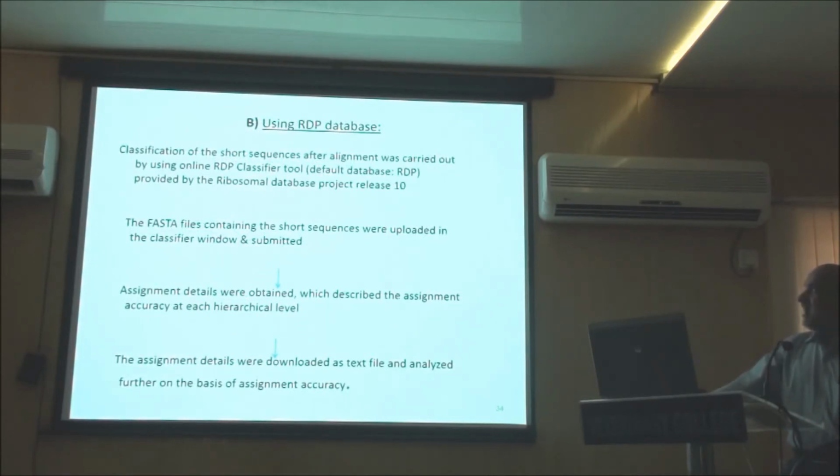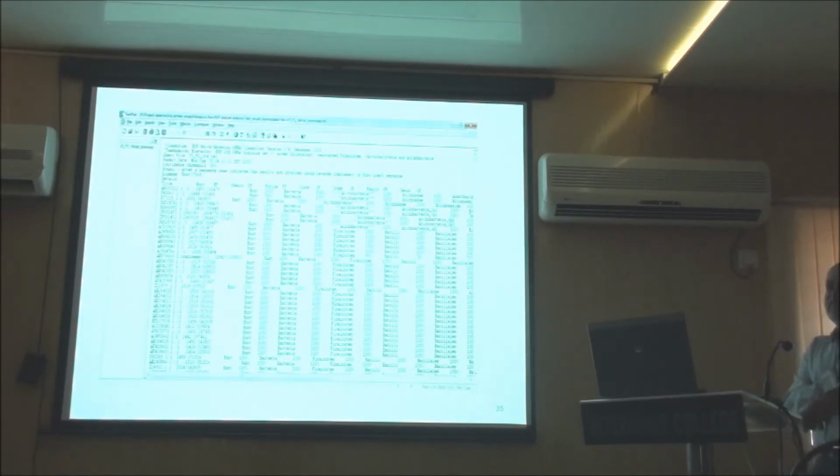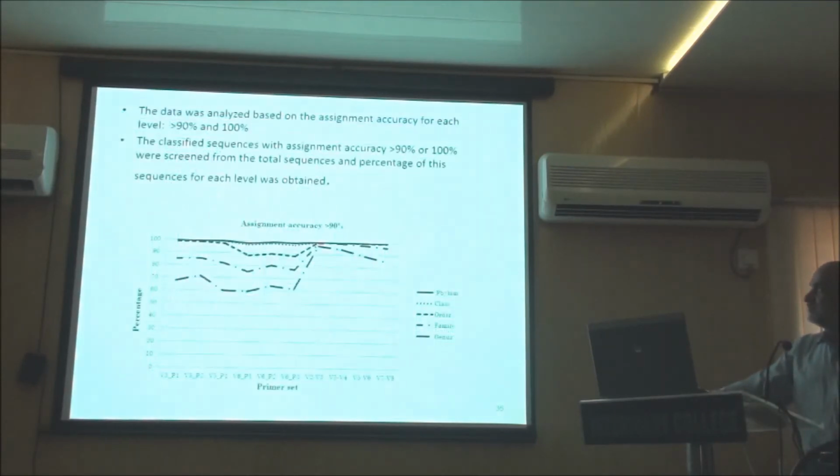Then again in RDP, you have an option of deciding the percent accuracy that you get in your assignments. We used two situations, greater than 90% and 100%. The situation is much better in RDP when you use an assignment accuracy of more than 90%.